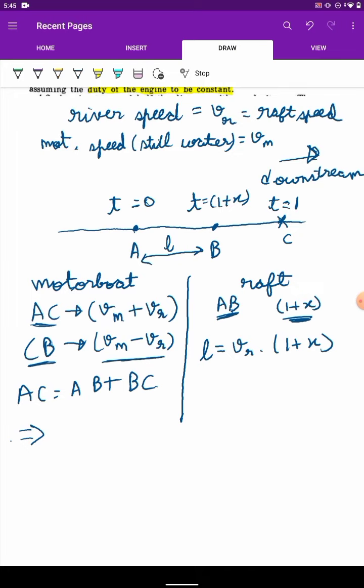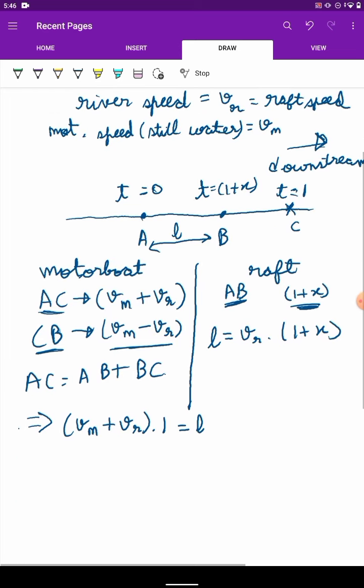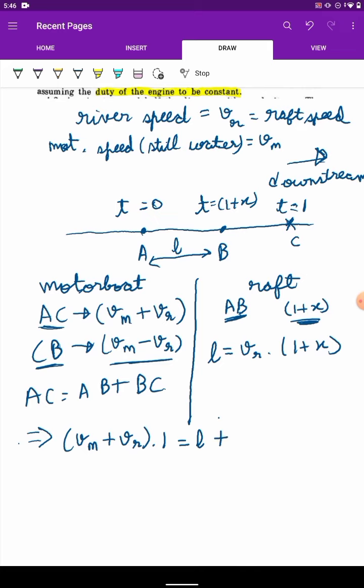Speed is Vm plus Vr, into time 1, is equal to AB, which is very clearly L, plus BC. I have written it as BC, but it's coming from C to B. So that is Vm minus Vr, into the time from C to B, which is 1 plus x minus 1, so x.